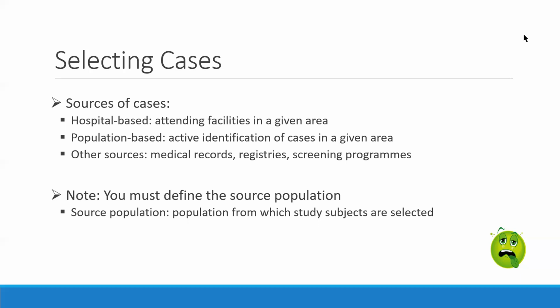Identifying the cases generally is quite easy. You know what you want: children who attend the emergency department with injury X, Y, and Z, or patients with stage 3 cervical cancer on such and such treatment.